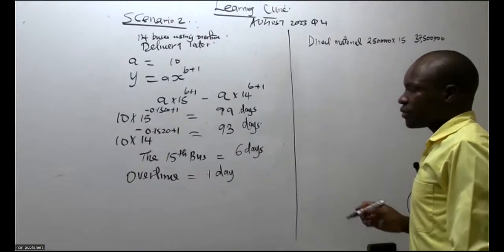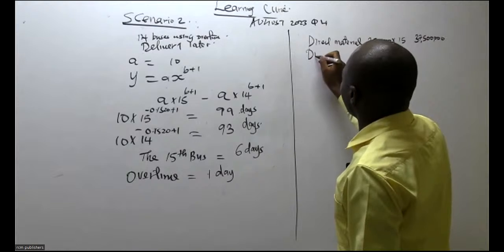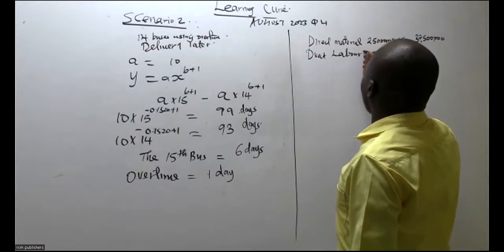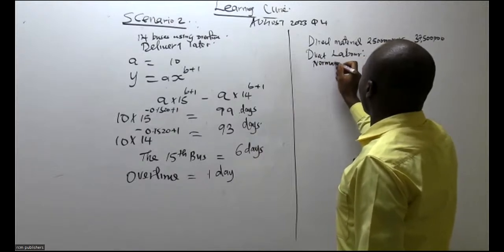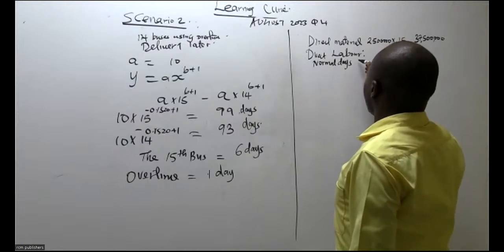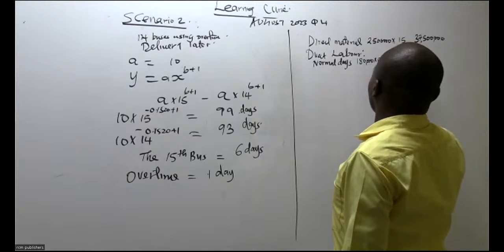37,500, is it? After direct material, I need direct labor. My direct labor is divided into normal days, which is equivalent to 180,000 by the normal days.